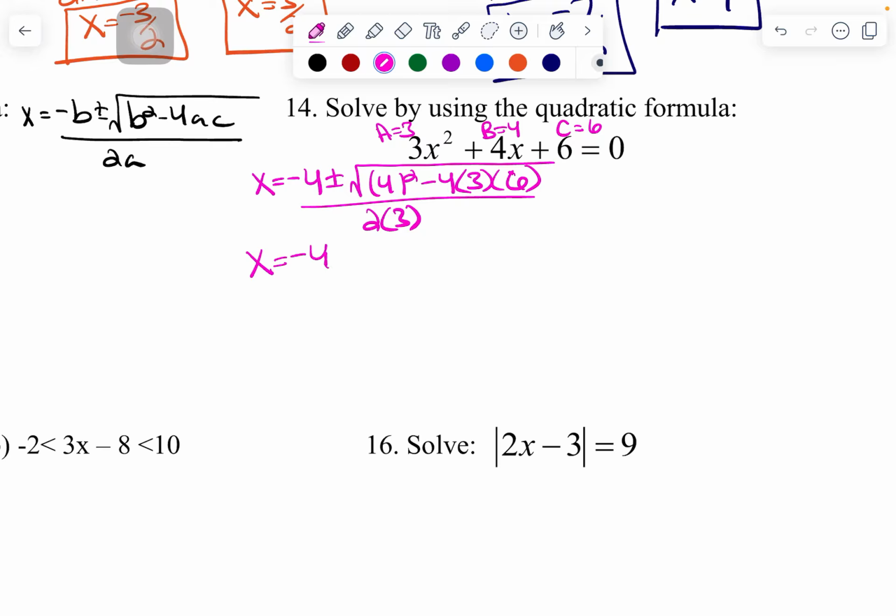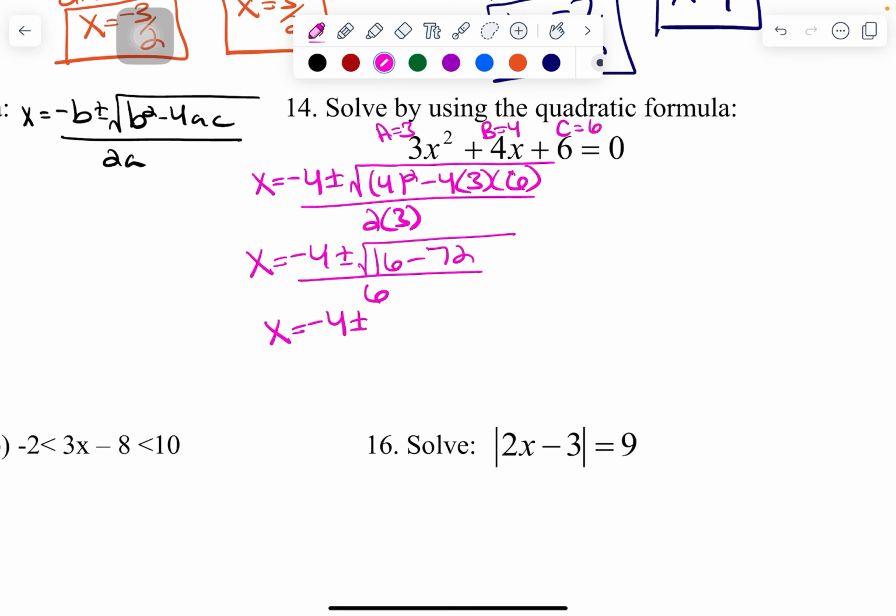So x is equal to negative 4 plus or minus, 4 squared is still 16. Negative 4 times 3 is going to be negative 12. Negative 12 times 6 is 72. And 2 times 3 makes 6.